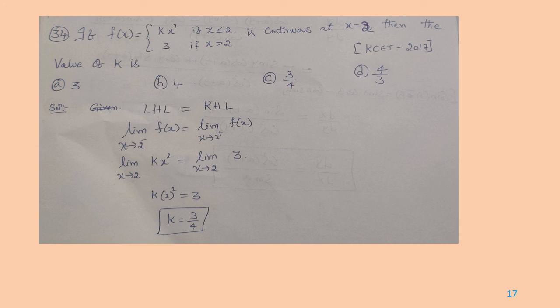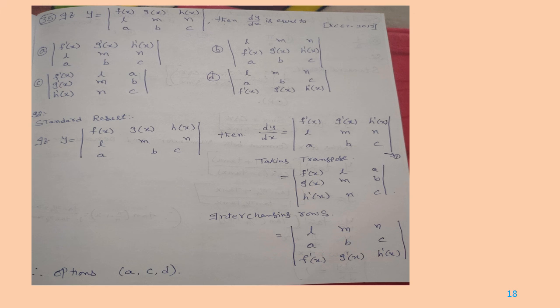Limit x tends to 2 minus f of x equals limit x tends to 2 plus f of x. The 2 minus function is limit x tends to 2 of kx square, and the 2 plus function is limit x tends to 2 of 3. To remove the limit, we substitute x equal to 2. So it will be k into 2 square equal to 3, so the value of k will be 3 by 4, which is option C.